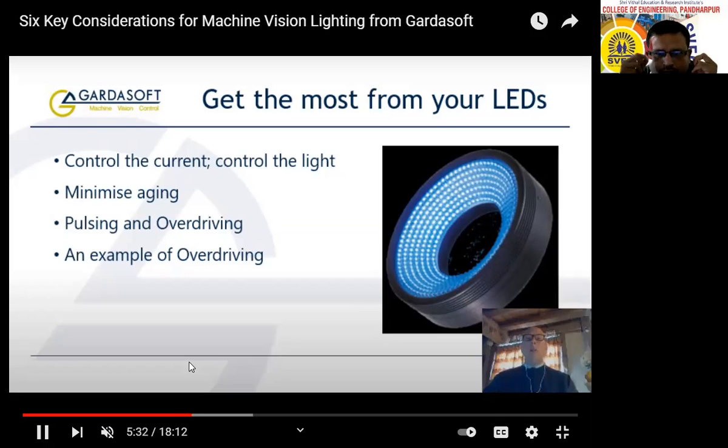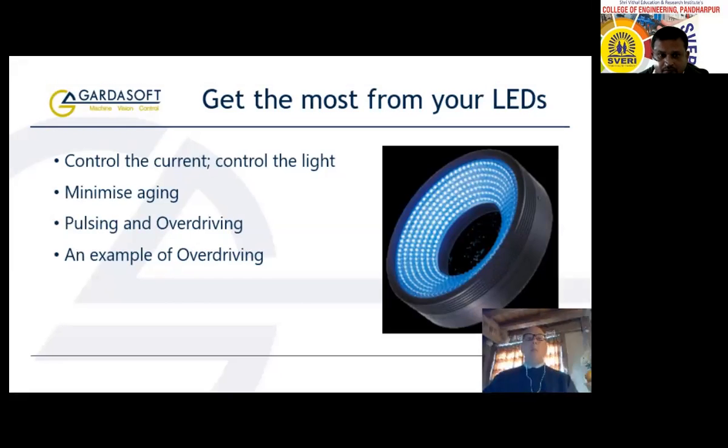This ensures that the lighting pulse occurs consistently at the same point in the camera exposure, and that the total light energy is identical for every image. A lighting controller also allows the total light output to be managed to balance the intensity needed against the need to maximize LED lifetime.